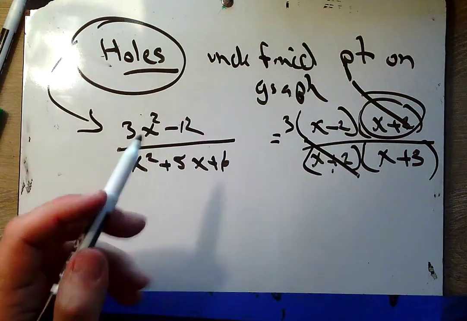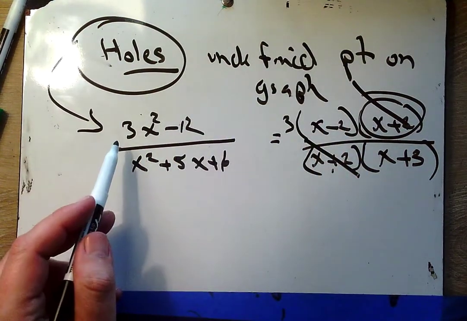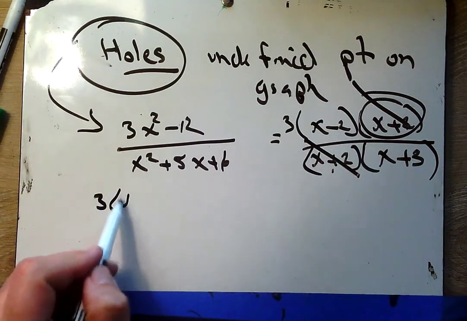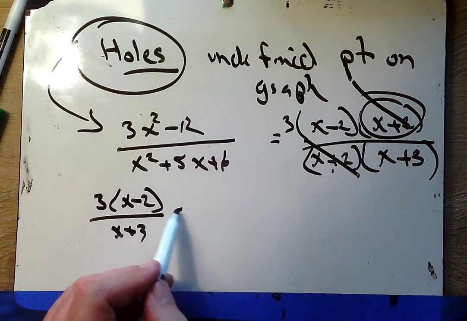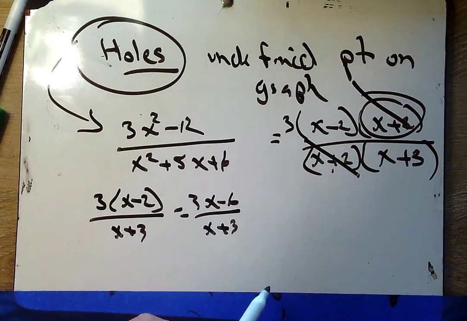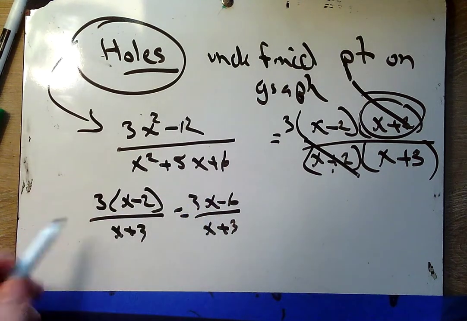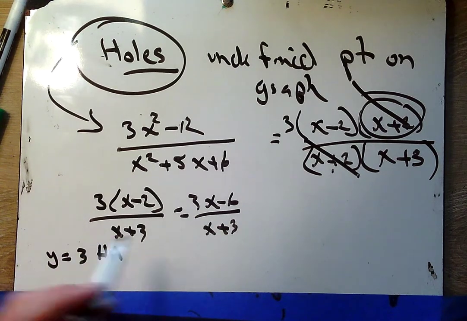So let's think about graphing this. When I go to graph, I can use this, but I'm also going to need to be thinking about this: 3 times (x minus 2) over x plus 3, or if you like, 3x minus 6 over x plus 3. Degree on top and bottom are the same, so I know that y equals 3 is the horizontal asymptote.